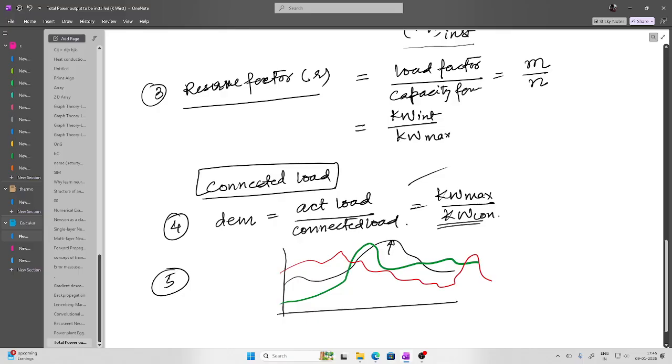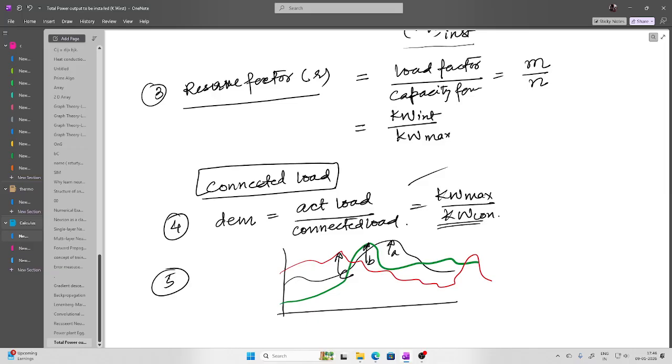Let's say the peak for this is A, the peak for this is B, and the peak for this is C. What is this peak? This is basically the individual consumer's maximum load.